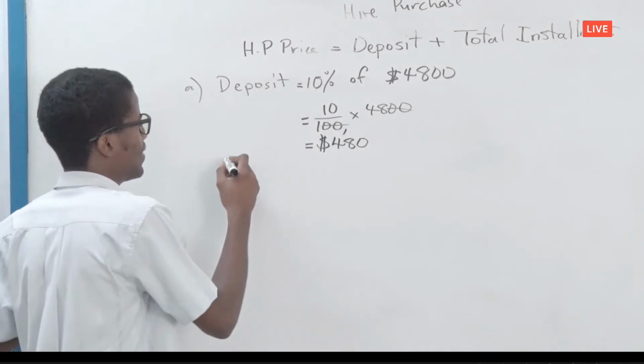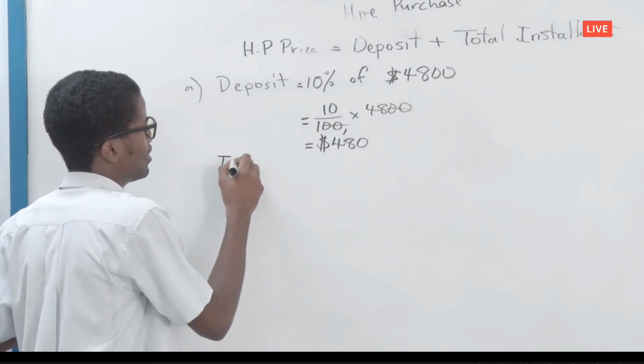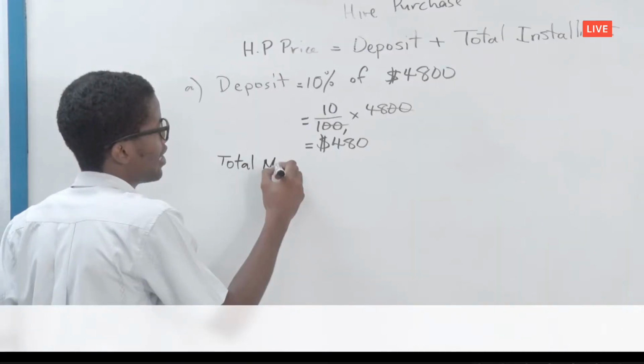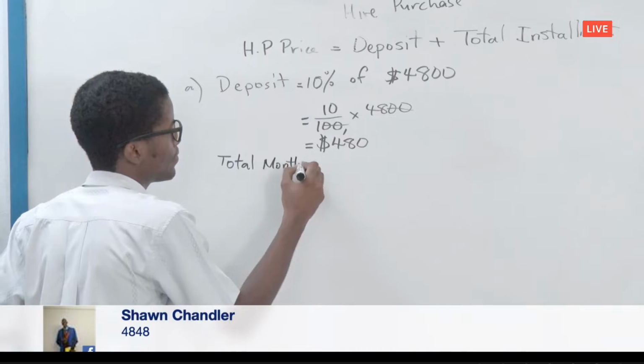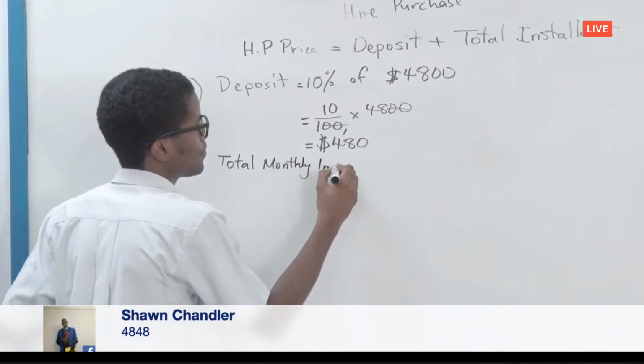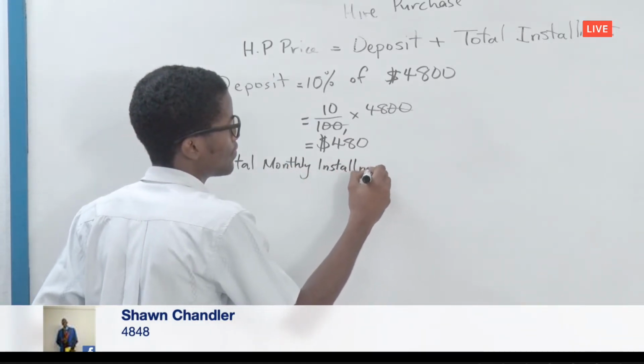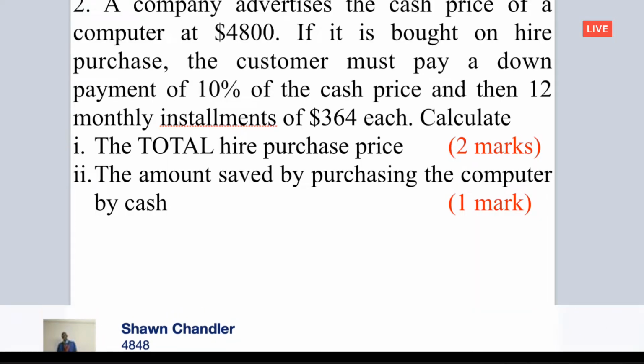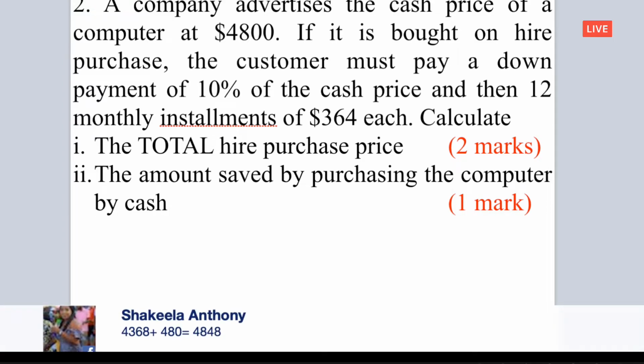Now, we know that we have to find our total monthly installment. And remember, we need to write it in steps. So now that we have found our total monthly installment, well done.